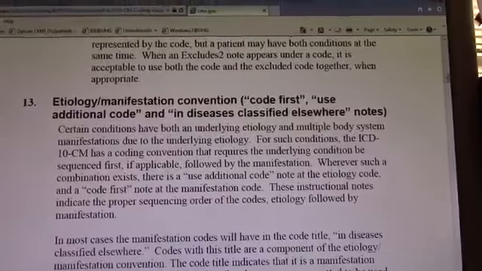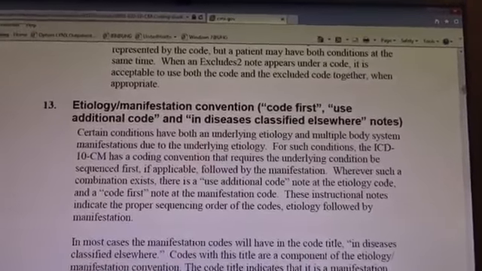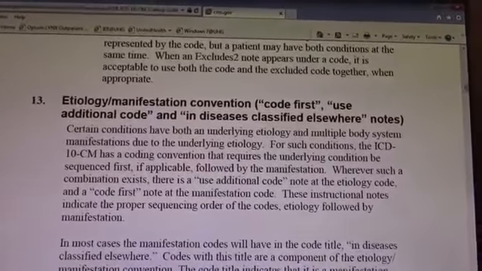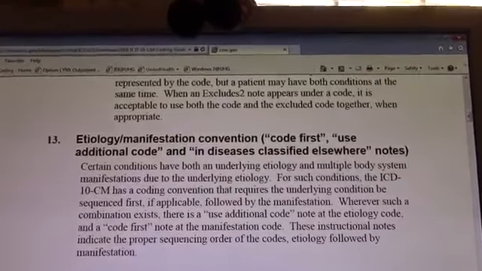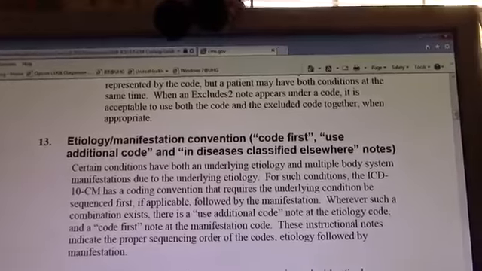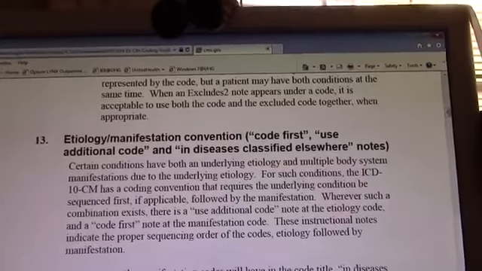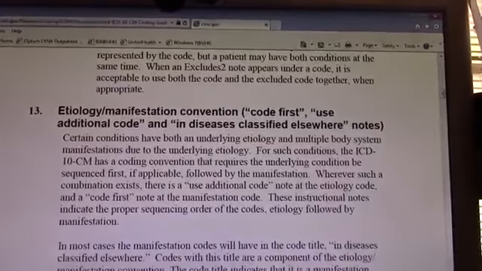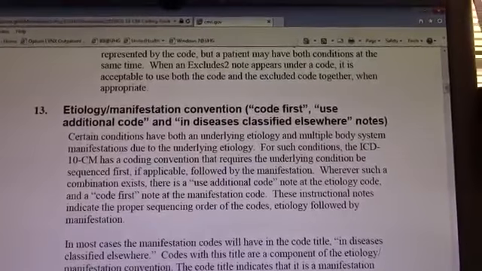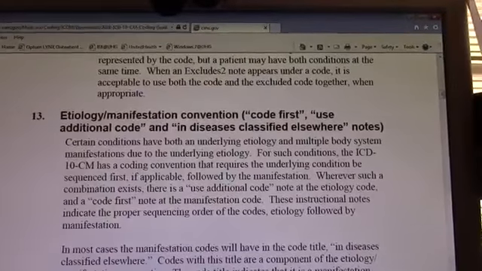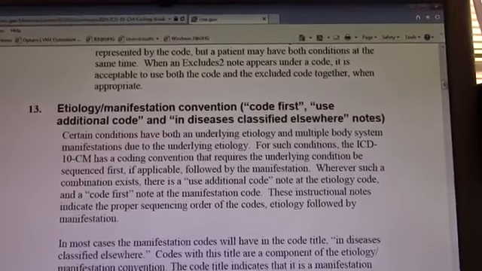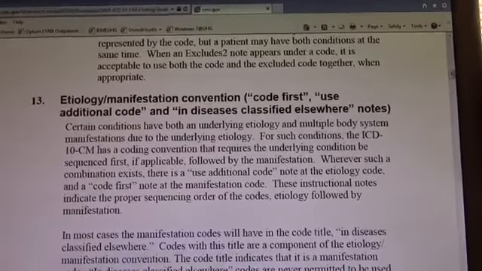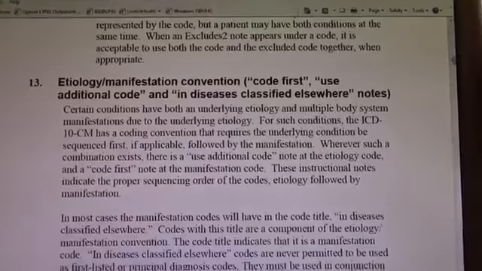Okay, we're down to number 13, etiology and manifestation conditions. Certain conditions have both an underlying etiology and multiple body system manifestations due to the underlying etiology. And so for such conditions, the ICD-10-CM has a coding convention that requires the underlying condition be sequenced first, if applicable, followed by the manifestation.